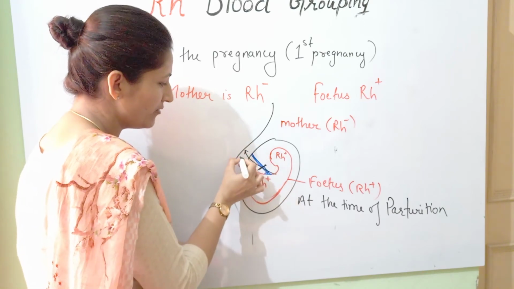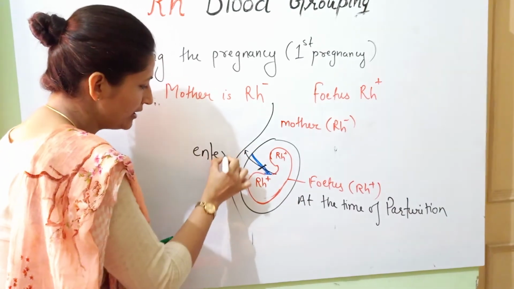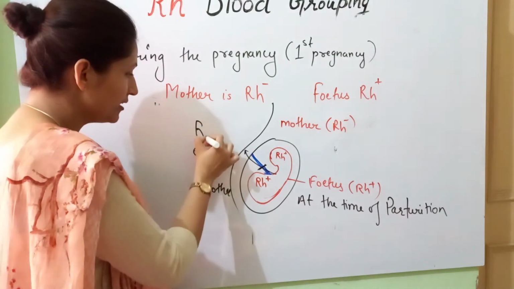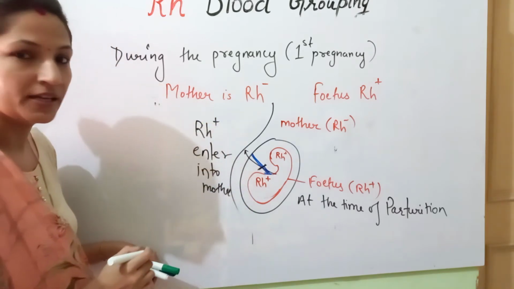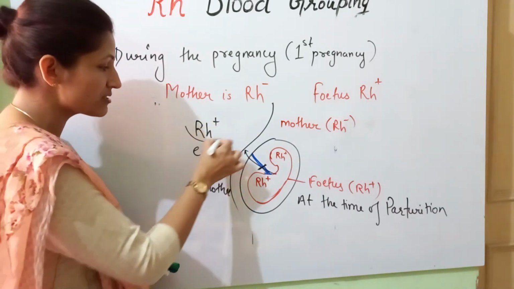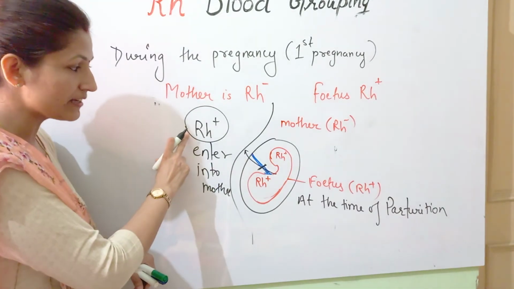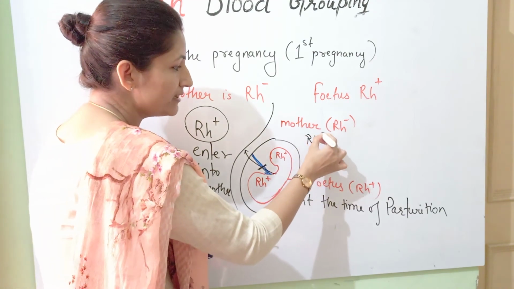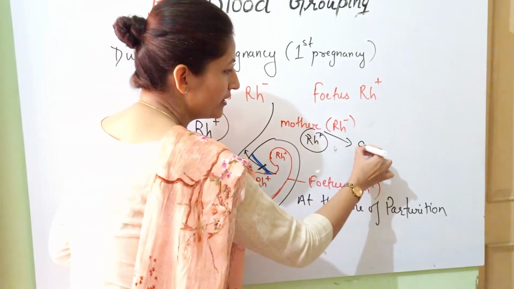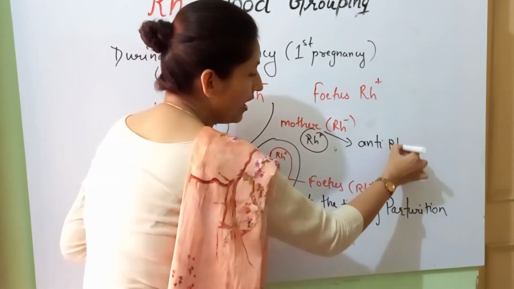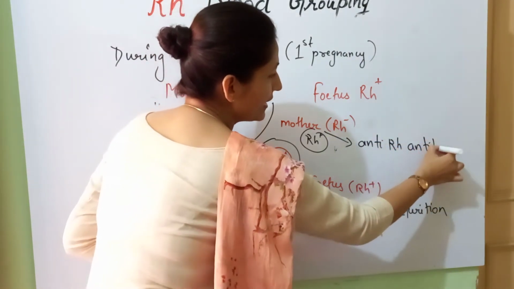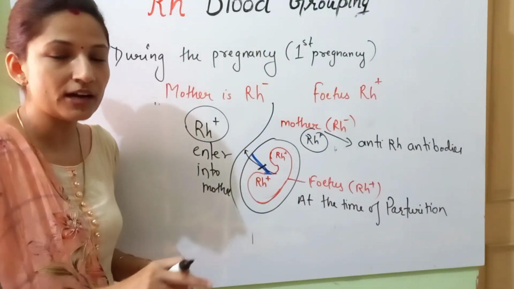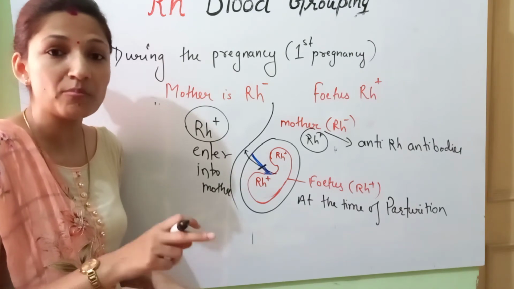Okay, the blood will enter into the mother. Which blood? RH positive. It means it is containing the antigen which is Rh. So when this Rh antigen blood enters into the mother, the mother's body is going to produce the anti-Rh antibodies, which are not naturally present in the plasma of our blood.